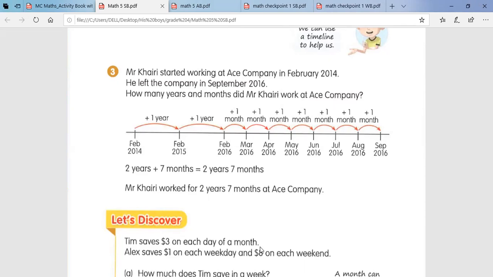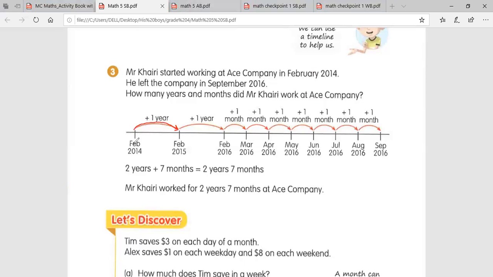Just a minute. He asked you about how many months. Here we can say that I count from February until September. How to calculate it? Just add 1 year, and we put the same month.